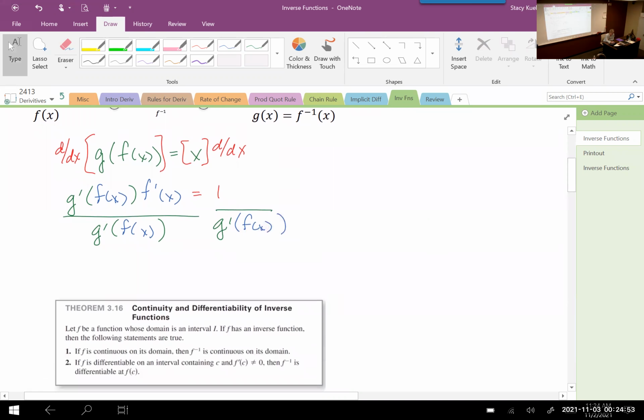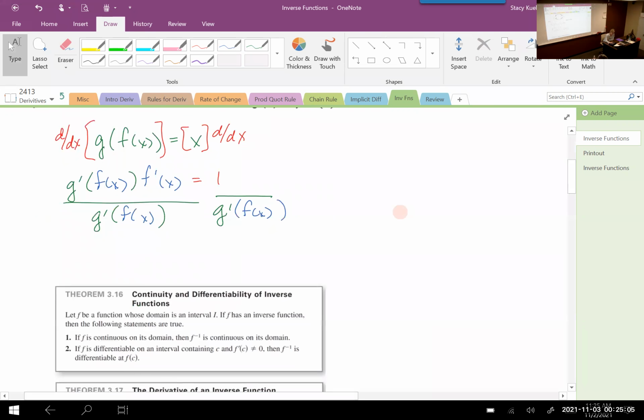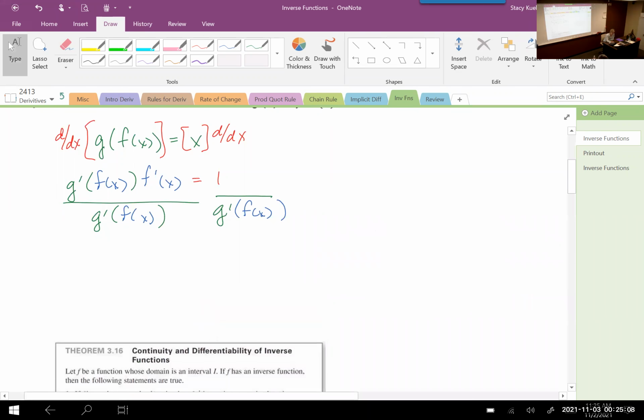And what that gives me is f prime of x equal to 1 over g prime of f of x.